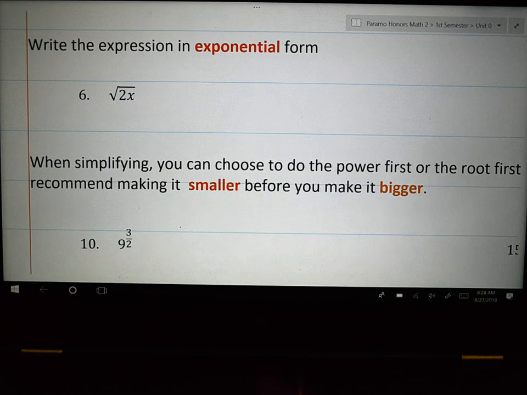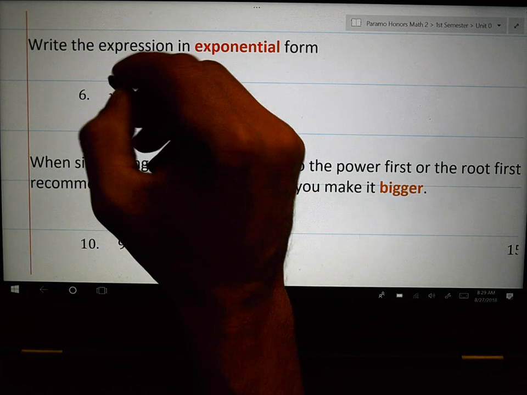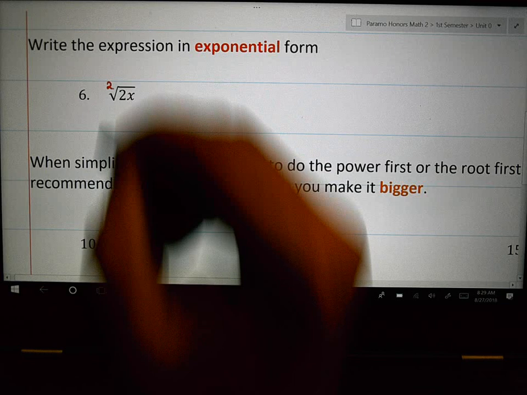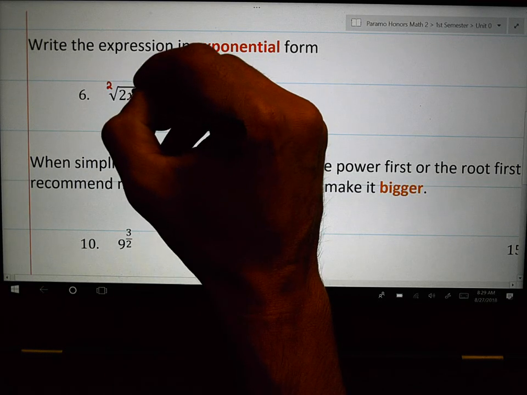Next, write the expression in exponential form. This is in radical form. We need to convert it over into exponential form. Number 6. The reason why I chose number 6 is because some of you will know that this is the square root and that this is being raised.